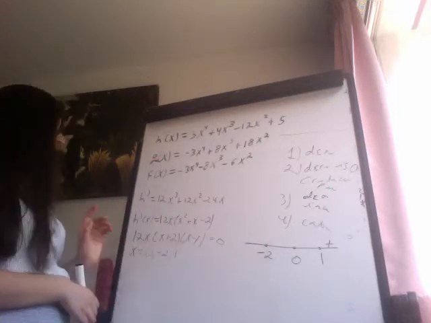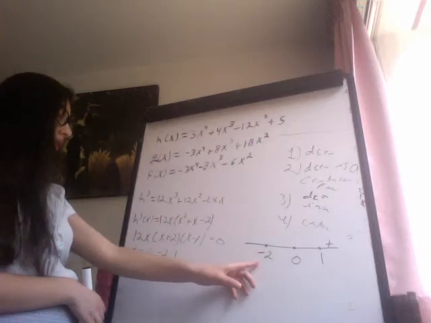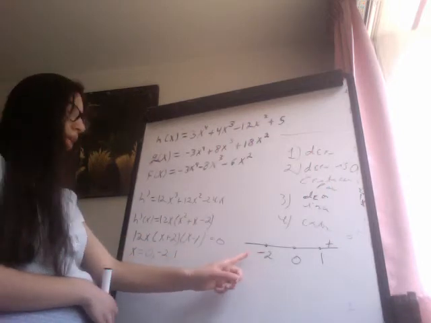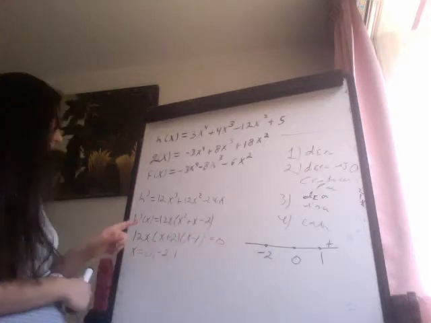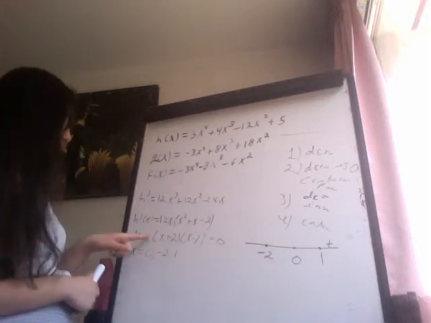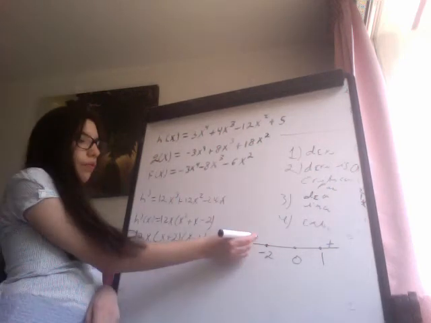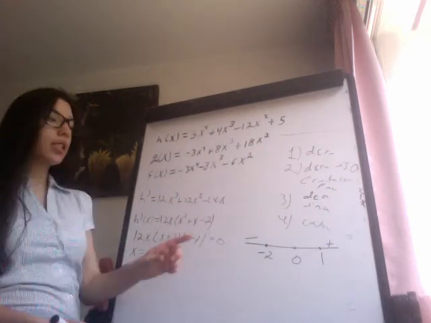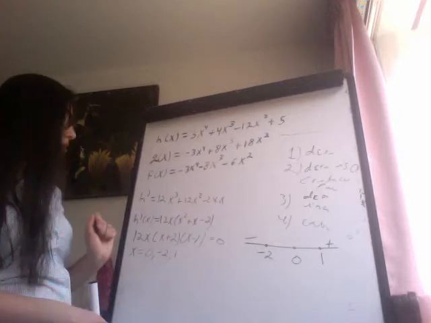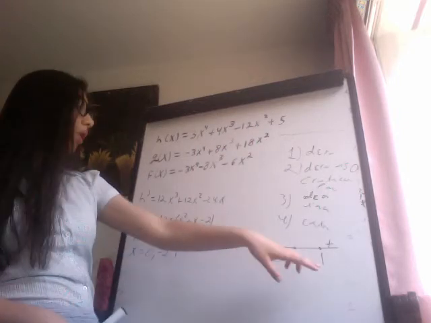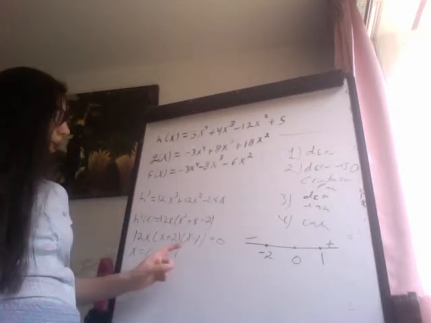Now if we are in values lesser than negative 2, the three terms will be negative, and so negative times negative is positive, times negative, negative. So the function is decreasing because the slope is negative. Now when we are between 0 and 1, the only term that is going to be negative is this one.